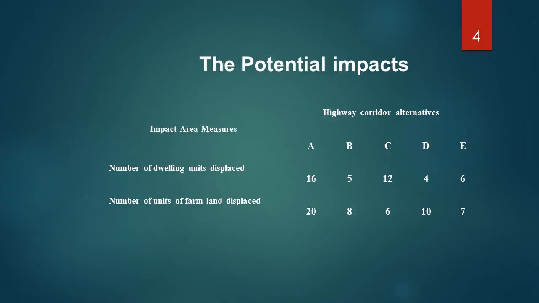Here is the potential impact. The measures like the number of dwelling units displaced and the number of units of farm land displaced, like the highway corridor alternatives, have different numbers of dwelling units displaced and units of farm land displaced.